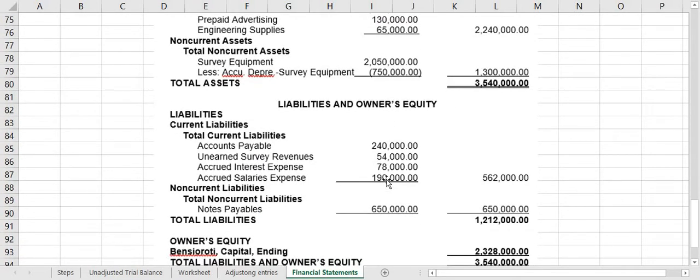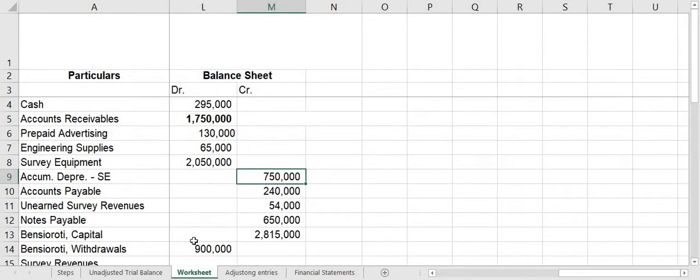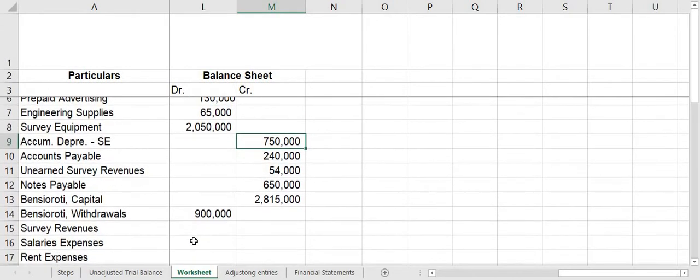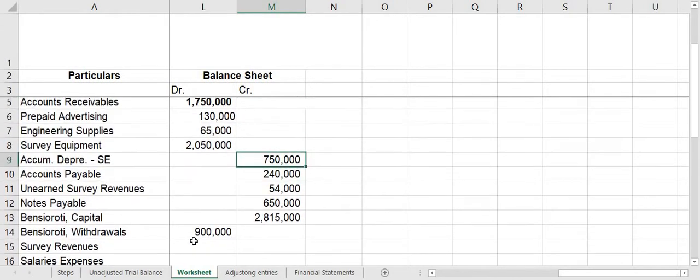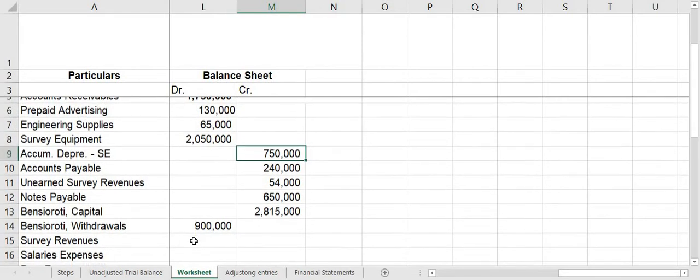For the liability section, you have current and non-current. For the current, that's accounts payable, unearned survey revenue, accrued interest expense, and accrued salaries expense. So, hanapin natin si liabilities.